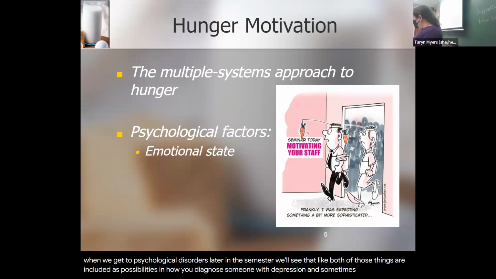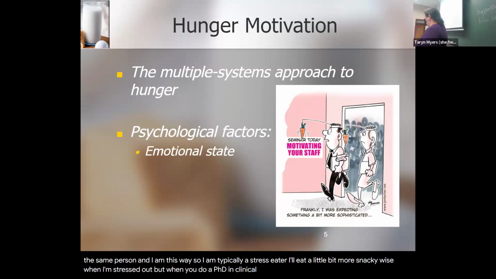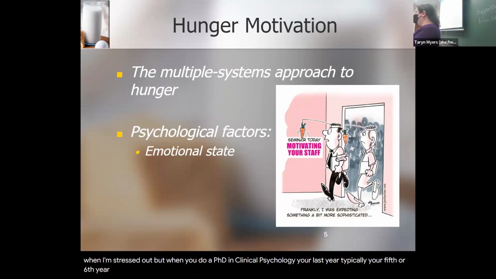And sometimes it can vary within the same person, and I am this way. So I am typically a stress eater. I'll eat a little bit more snacky wise when I'm stressed out. But when you do a PhD in clinical psychology, your last year, typically your 5th or 6th year, is an APA accredited internship.